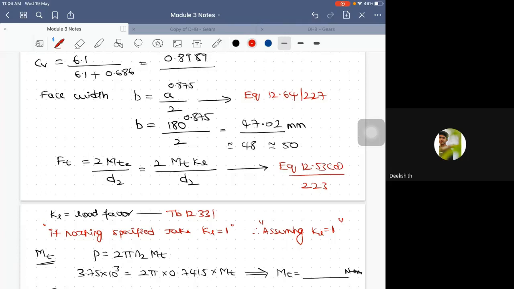How much is the torque? What is the value of the torque given?